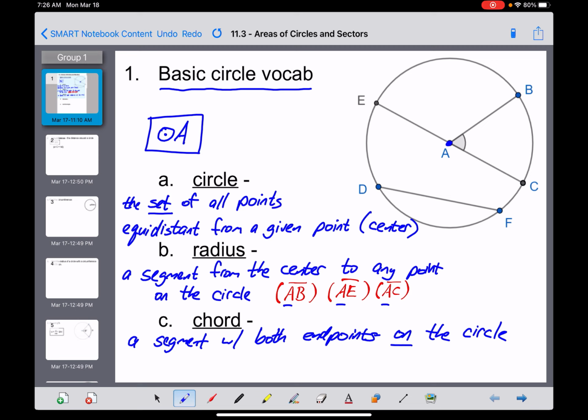A is the center of the circle. So there are two chords that we have drawn in this figure, guys. Line segment DF would be one of them because both points D and F are located on the circle, and line segment EC is a chord as well. Again, we could draw more, but that's all that are drawn in this figure right now.